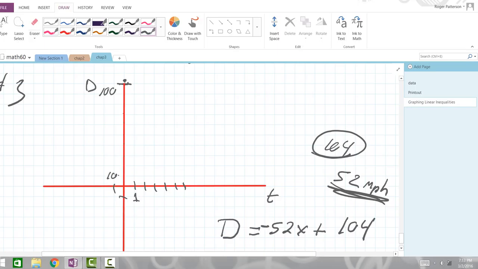Slope is? Negative 52. So I'm going to drop down. Remember, I'm going by tens. So I'm just going to start here: 1, 2, 3, 4, 5, and just a little extra right there. And then how much do I go over? 1. So it'll take 2 hours.